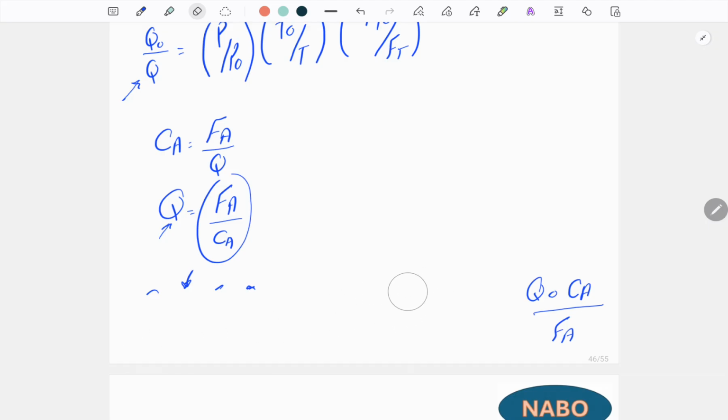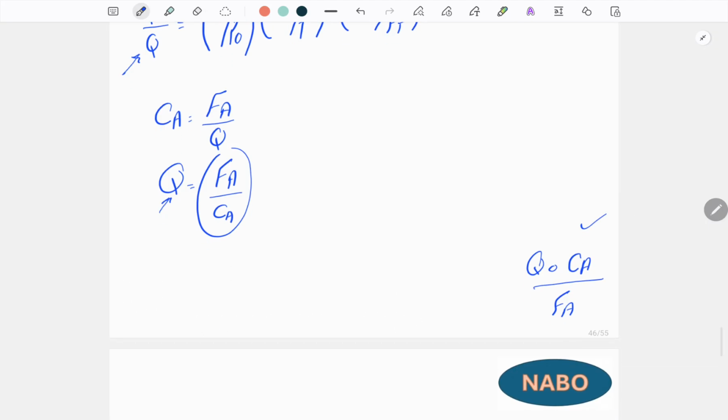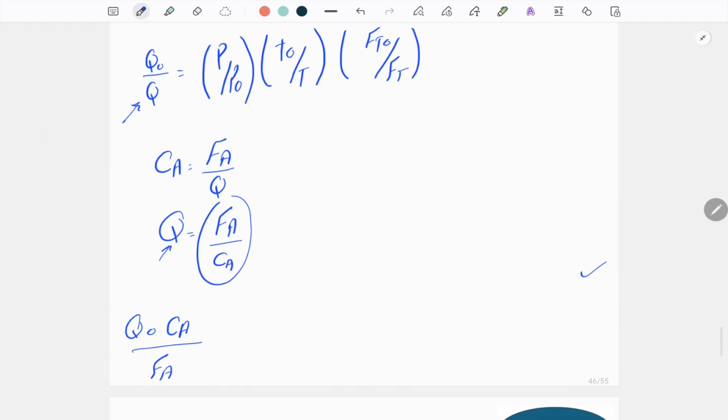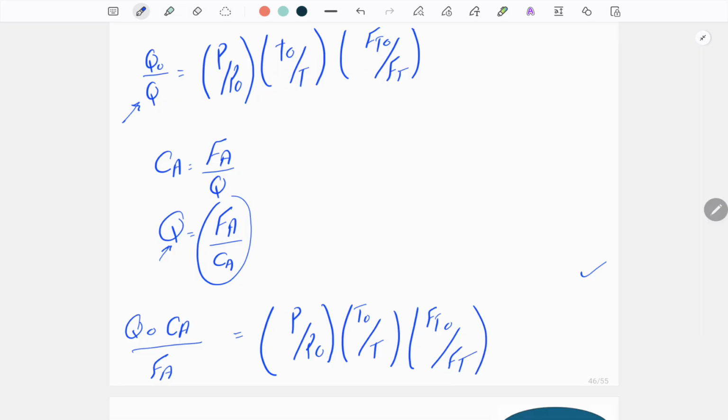So we'll use this directly here. Actually, I can just copy and paste it. That will equal P over P naught. The right side hasn't changed: T naught over T times Ft naught divided by Ft.